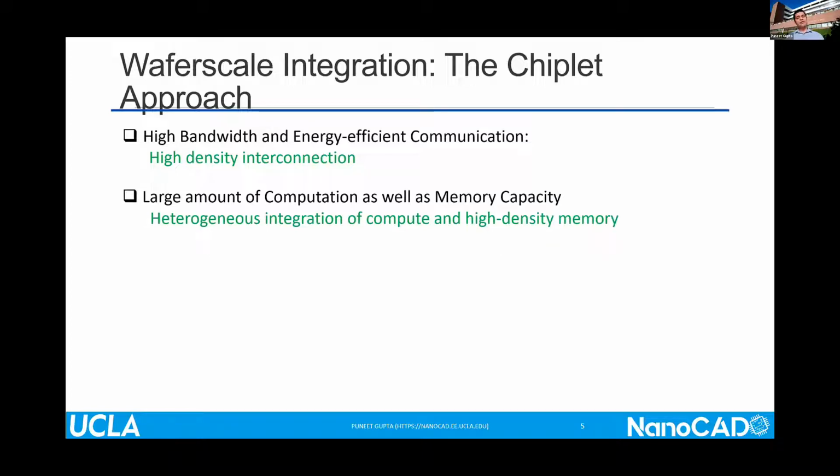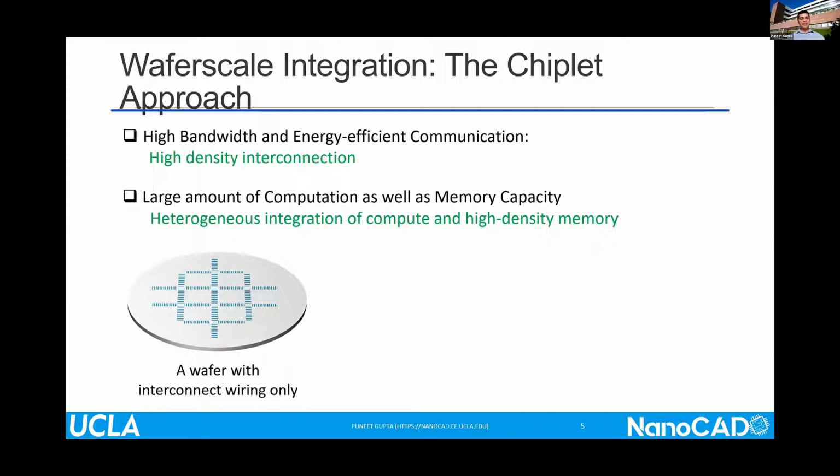And why do we want to do that? Because chiplets, the first interesting thing that they offer us is high density interconnects between neighboring chiplets rather than going out of the package. And second, it can allow for a large amount of computation as well as memory capacity because of the scale.